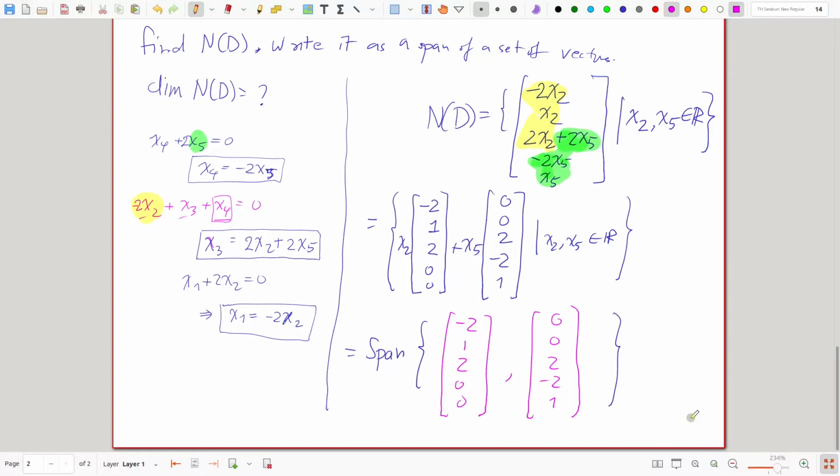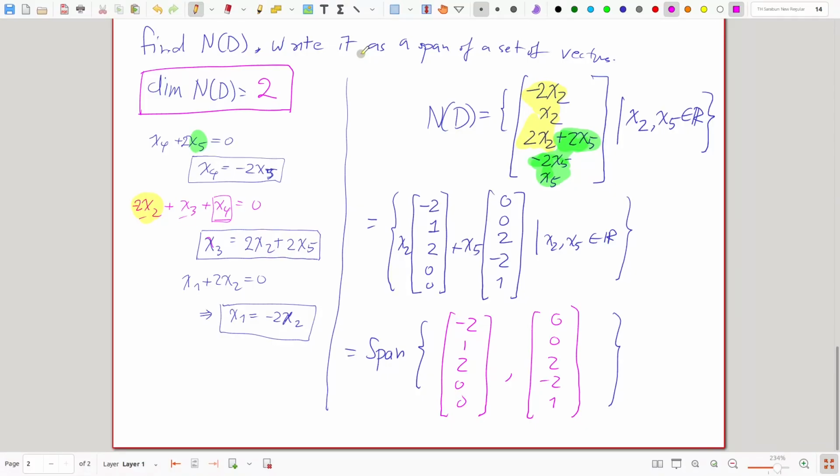The dimension is 2. You should be able to do this. It will be in the final exam, exactly like this. Not exactly this matrix, but you're given a matrix and asked to find the rank of the matrix and the null space. So what is this set of 2 vectors in terms of the null space of D?